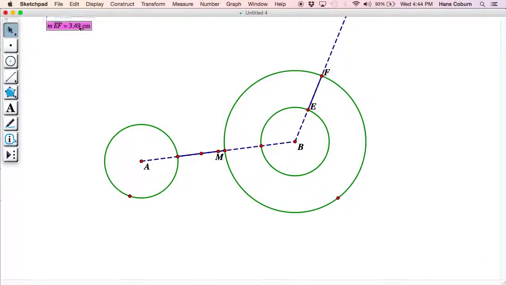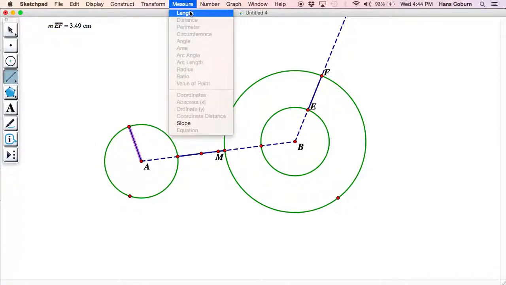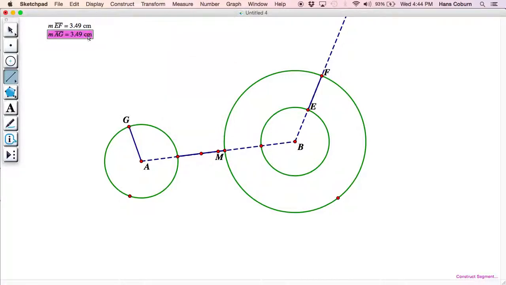Length, there you go, and then let me get the distance here, measure that, and voila, they're the same. So you know that this is equal to that, which is what we want.